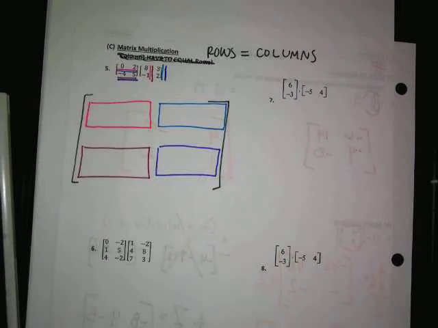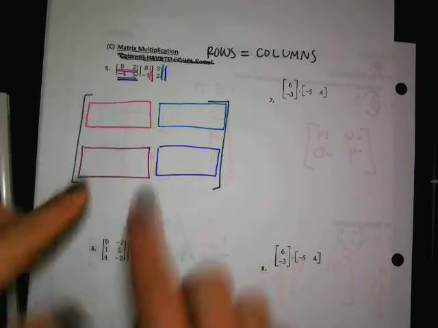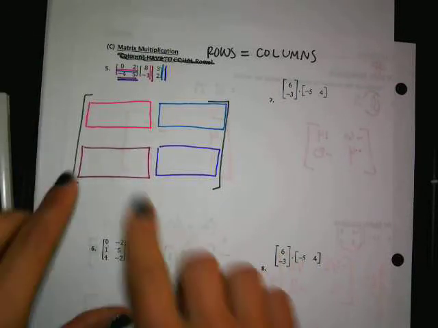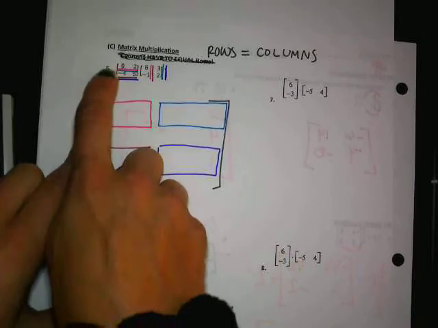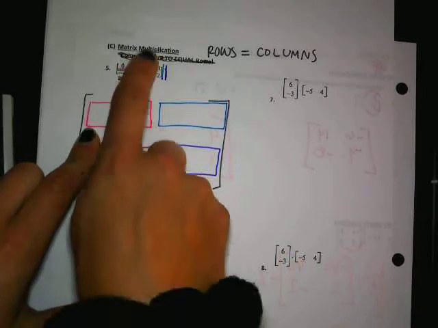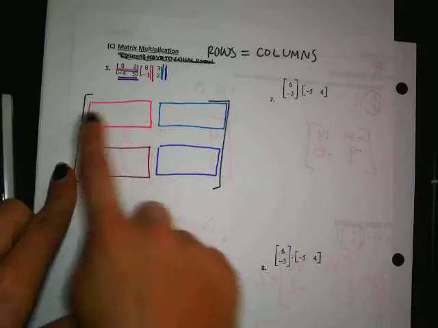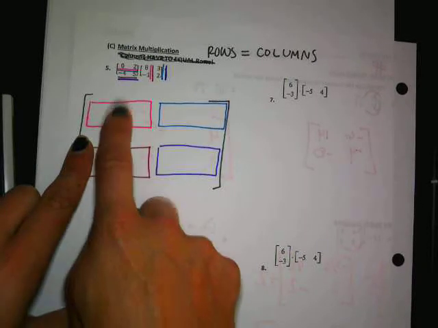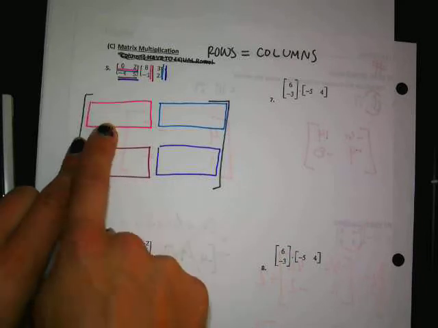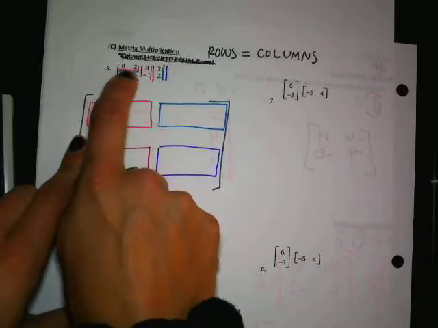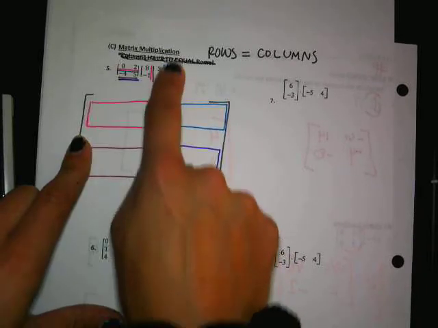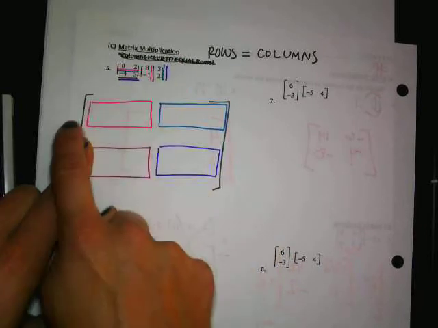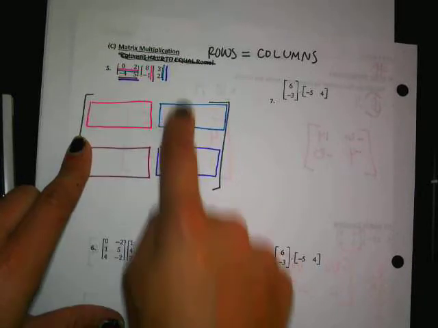So the columns and the rows, they should match up. Let me go through it just one more time if you didn't get it. The pink one, that's the first row, first column. So in your answer, it's the first row, first column. You see how this is in the first row and the first column? Okay. The blue one, first row, second column. So that's going to be the answer of the first row, second column.